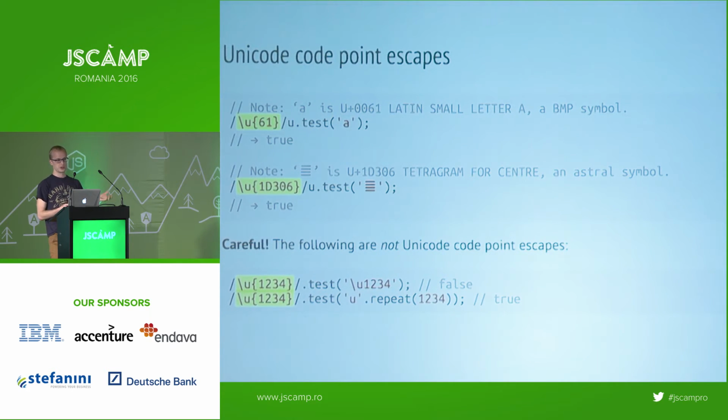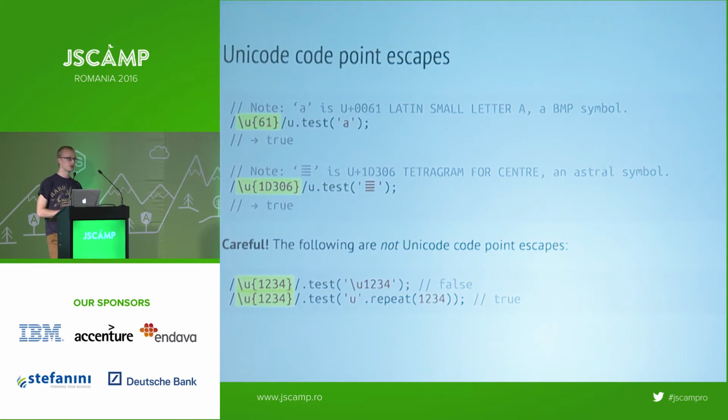So this becomes just a u, and then the braces and the numbers wrapped in the braces become a quantifier. So instead of matching the code point U plus 1, 2, 3, 4, you're actually matching the letter u repeated 1,234 times exactly, which is not what you intended to do in the first place. So even though this seems to work because the code doesn't throw an error, it doesn't do what you want to do. So always opt into the U flag if you want to use these escape sequences.